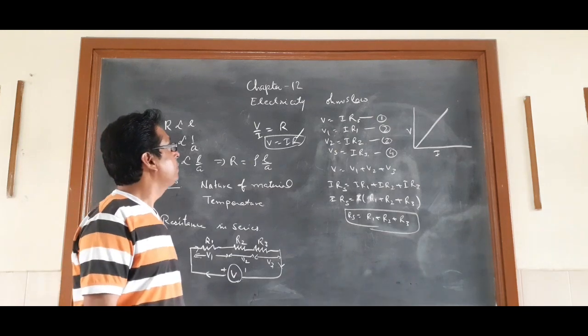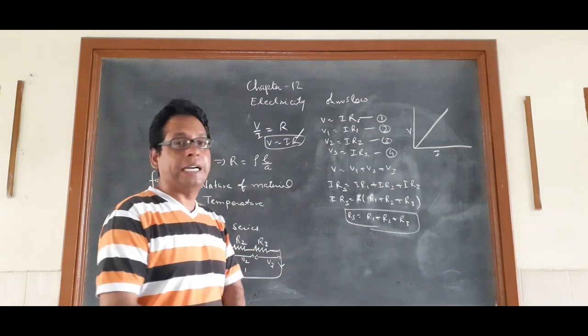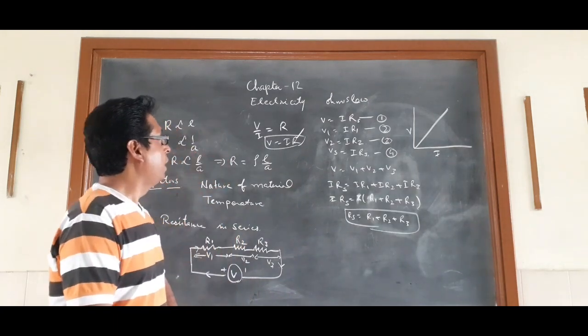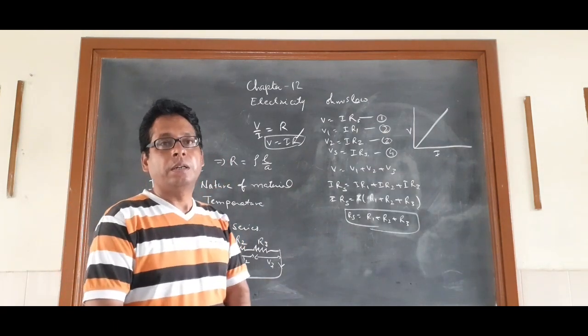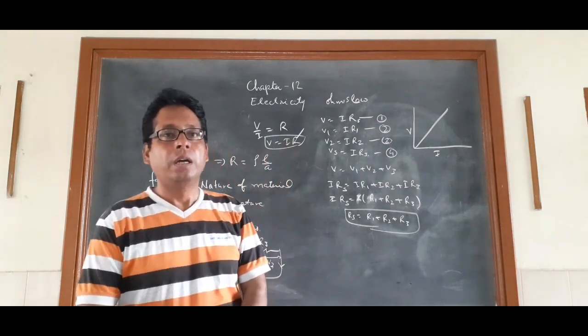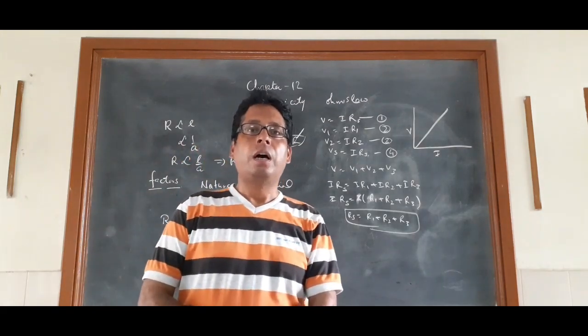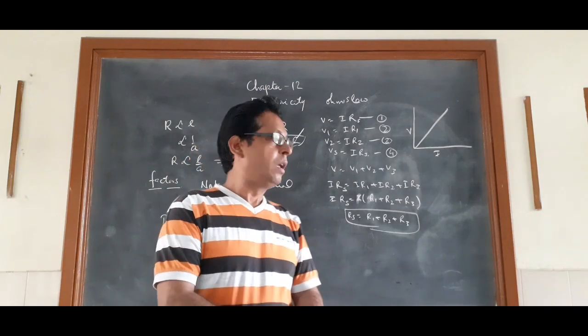In the previous lecture we had started chapter number 12, that is electricity. In that chapter we had discussed some terms like electric current, potential difference, electric potential, and also Ohm's law.